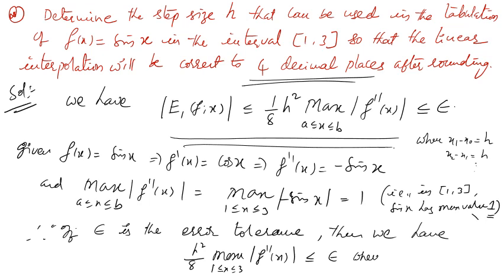What is epsilon given? 4 decimal accuracy. 4 decimal accuracy means what? This one, 4 zeros 5, that is 0.00005.